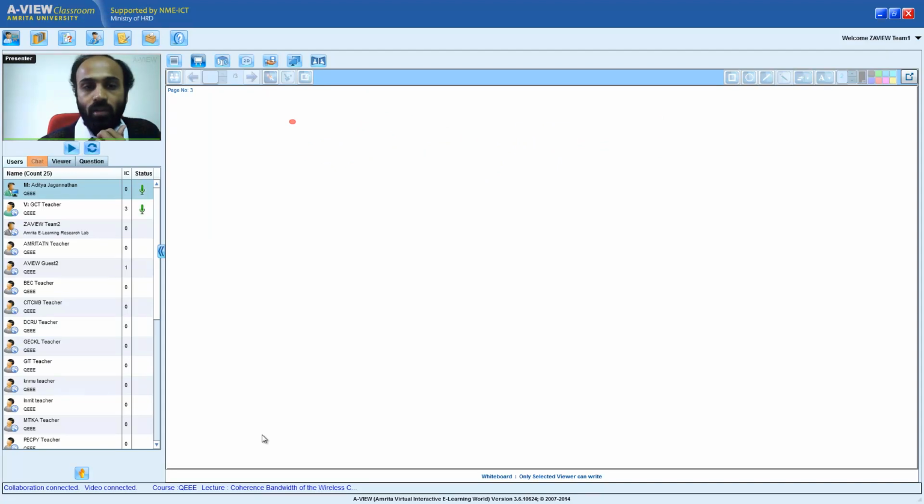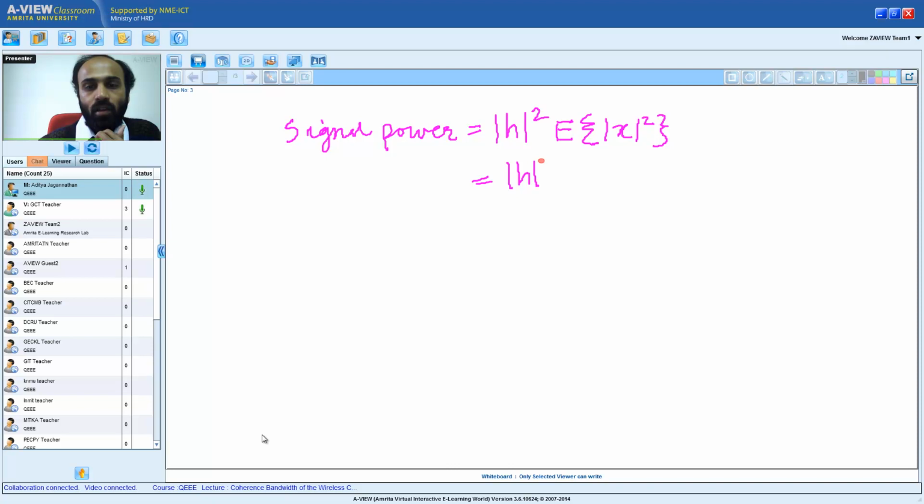It is equal to magnitude h squared times the expected value of magnitude x squared, which is equal to magnitude h squared times P, equal to G times P. We calculated this yesterday.